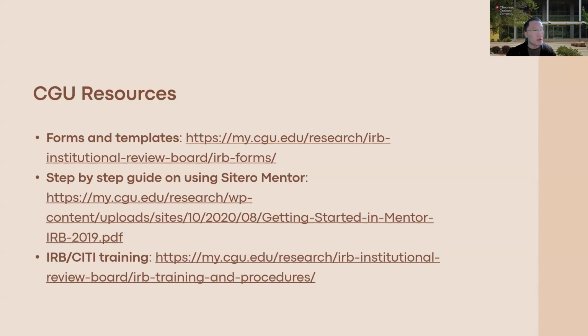And finally, the IRB office also requires that if you're submitting an application, if you're doing research, you have to have an active CITI training. If you don't know what CITI training is, essentially it's a training you have to go through.